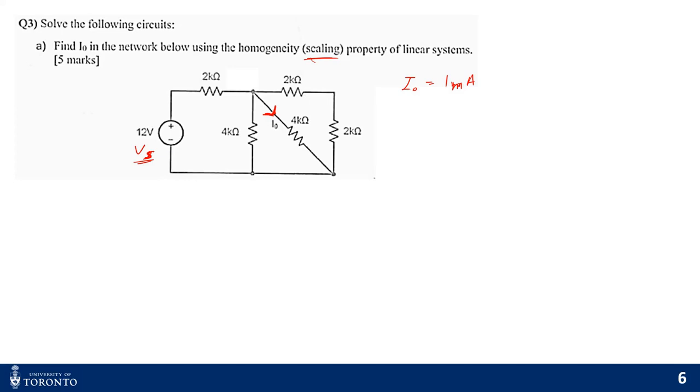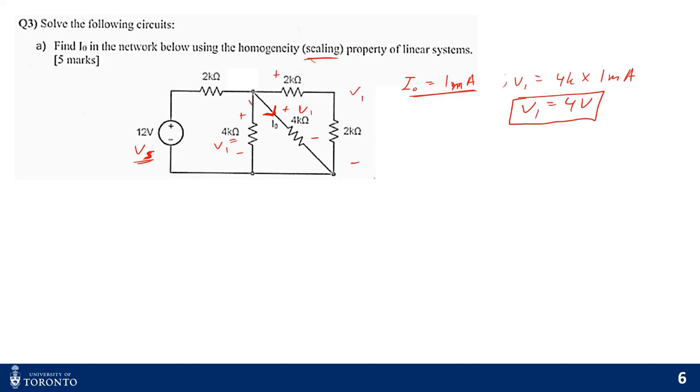So now let's find it out. Since we assume that 1 milliampere is flowing through this 4K resistor, what's the voltage across this 4K resistance? Let's call it V1. V1 is 4 kilo ohms times 1 milliamp, which is equal to 4 volts. Since this 4K and this 4K are in parallel, I have the same voltage V1 across this complete 4K.